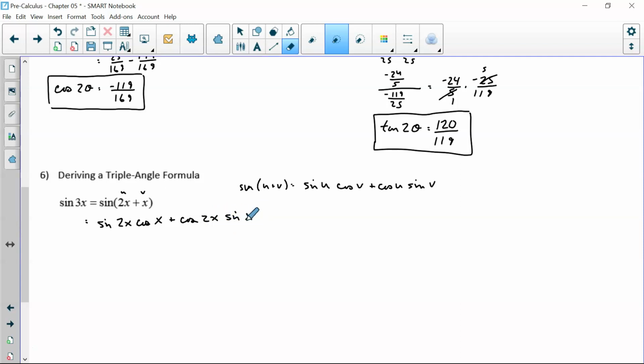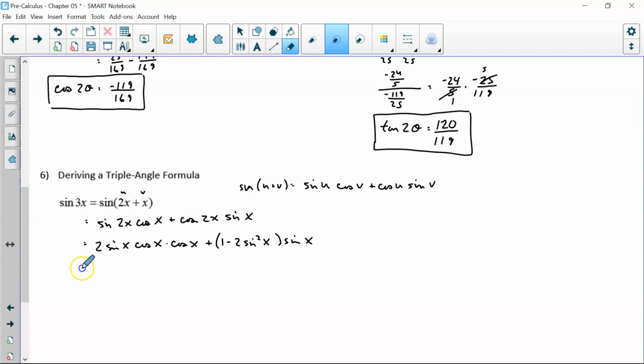And now we just use our double angle formulas. So for sine of 2x, that's 2 sine of x cosine of x times the cosine of x plus, now instead of writing cosine of 2x, I'm going to use the one with just sine in it. So it's going to be 1 minus 2 sine squared x times the sine of x.